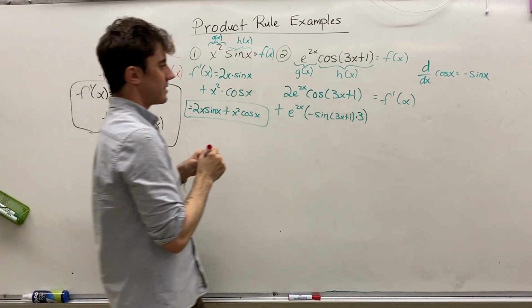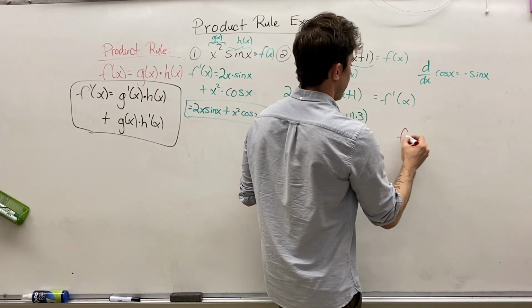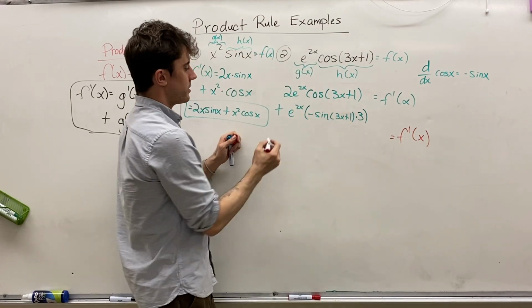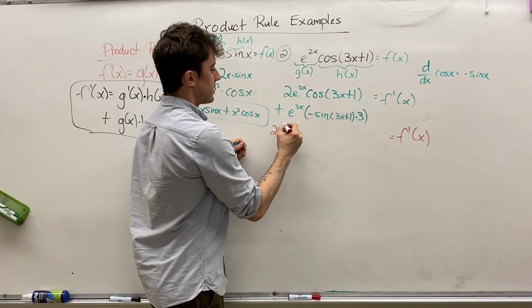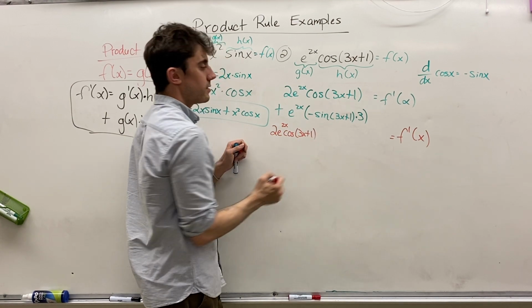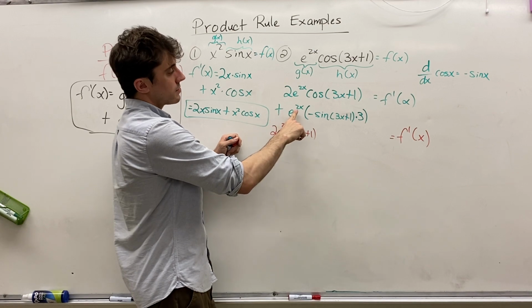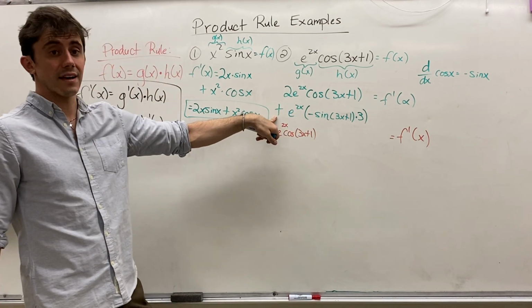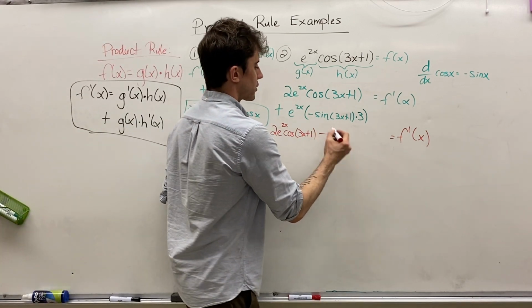And so now if we want to clean things up a little bit, we'll have f prime of x is equal to, that first part is going to go unchanged, so we'll have 2e to the 2x cos of 3x plus 1. We'll have plus all of this, and there's a negative sign here. I'm just going to bring the negative into the sign, and have a subtraction symbol.